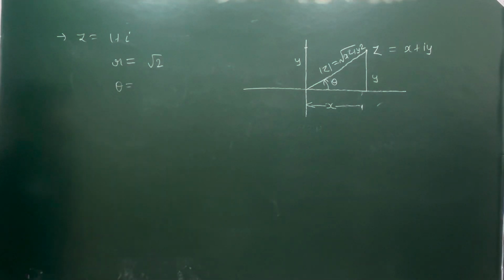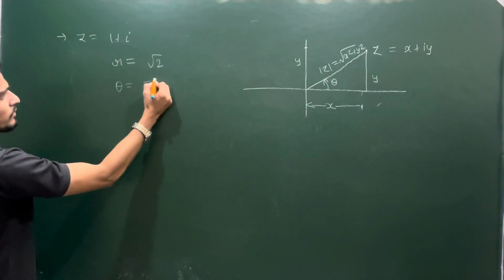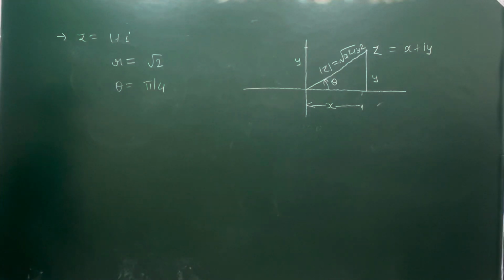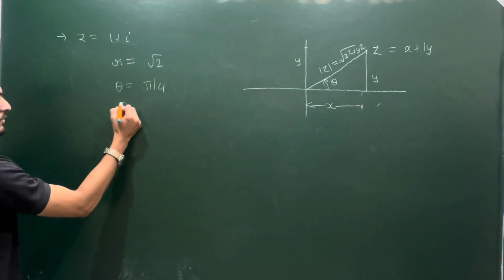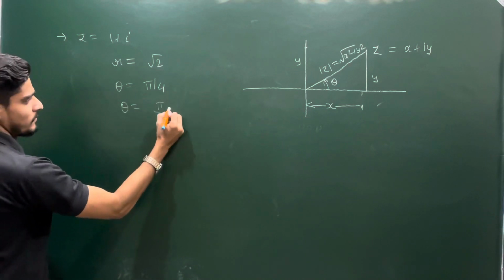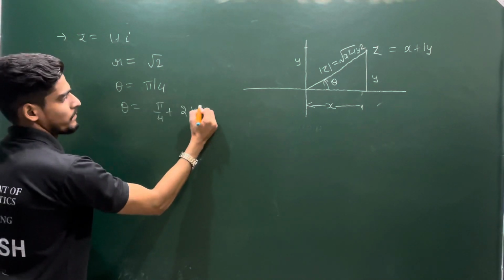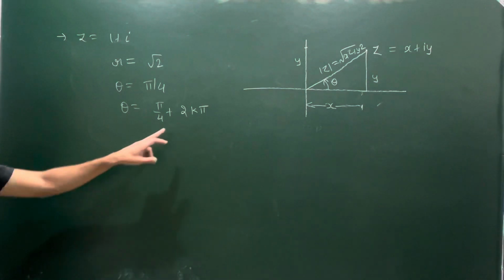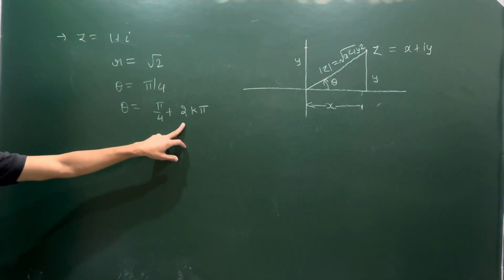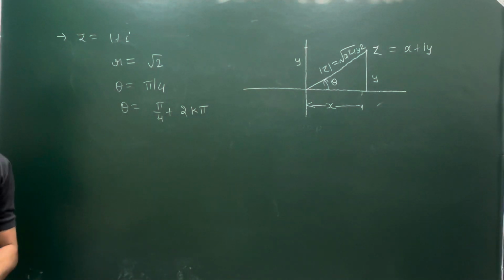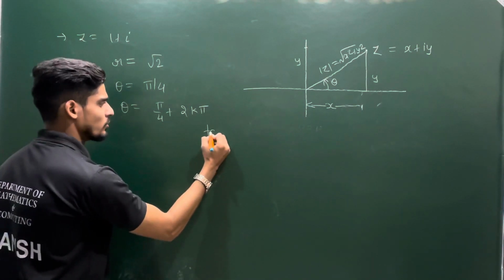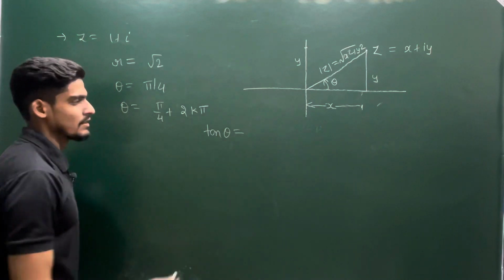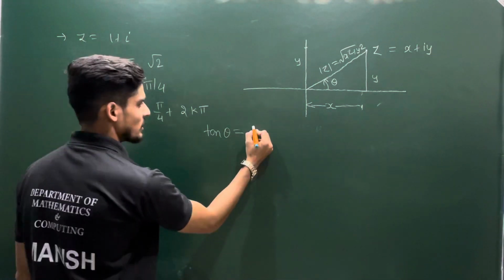So this r is equal to square root of 2. What will be my theta? Can I take it pi by 4? Will it work? Or if it works, what about pi by 4 plus 2k pi? This will also work. So this theta is multiple valued, as you are observing. You can do this also: tan theta will be sin theta upon cos theta, so this will be y.